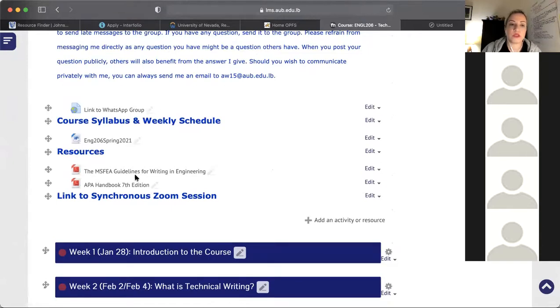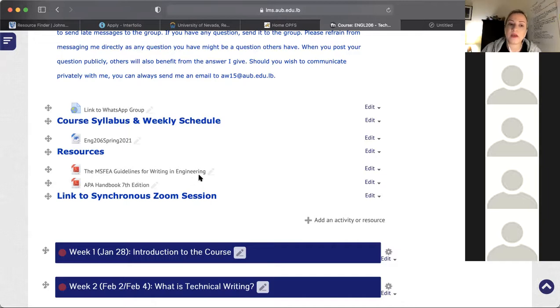Over here, the resources for the course are this and the APA Handbook 7th edition to help you learn how to cite. We have to use APA style for this course, because usually it depends. Some professors ask you to use IEEE. This, however, is for all of your courses.